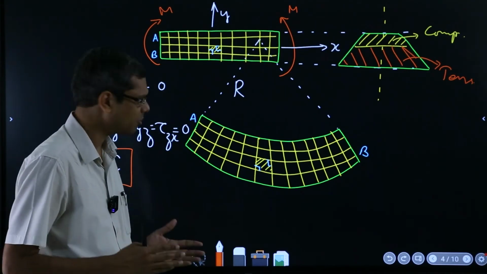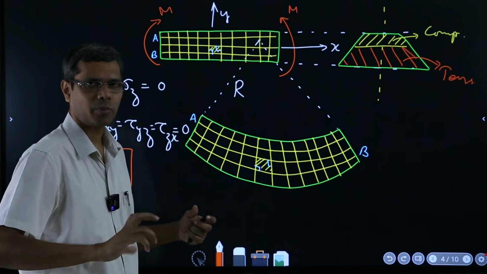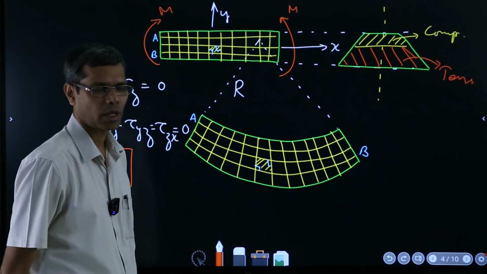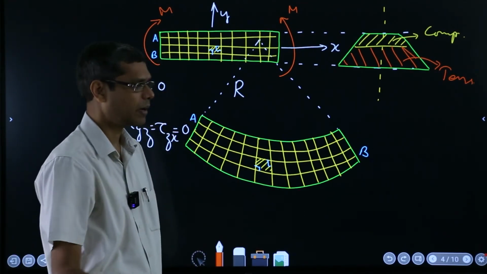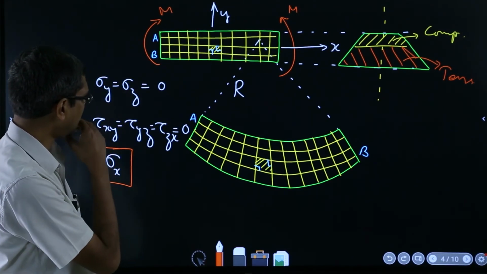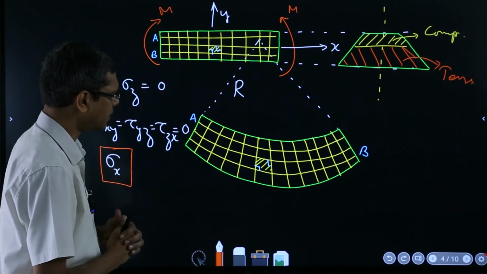Other than that, nothing happens. And yeah, so there is no warping that happens in such conditions when there is pure loading, meaning symmetrical loading of this moment. There is pure bending. Okay, so this is about the deformation pattern.